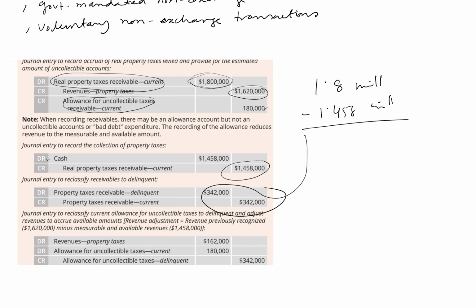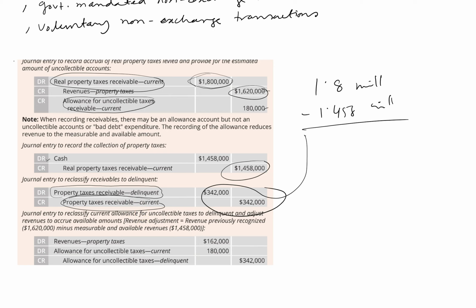We have to remove it from the current receivables, and we have to call them delinquent receivables. So remove means we credit or reduce the property tax receivables current classification, and then we record the receivables again, but we are relabeling or reclassifying it as delinquent receivables.